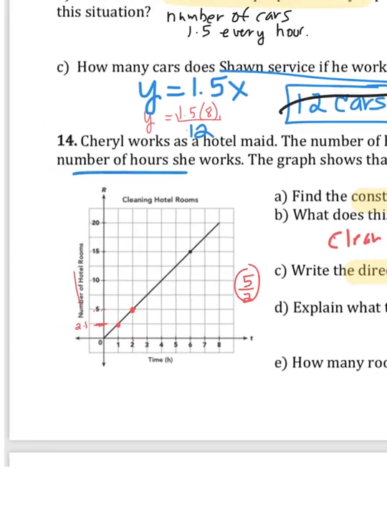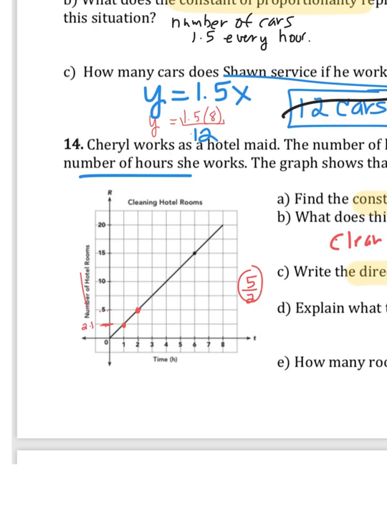So this means that Cheryl would clean 15 rooms in 6 hours.